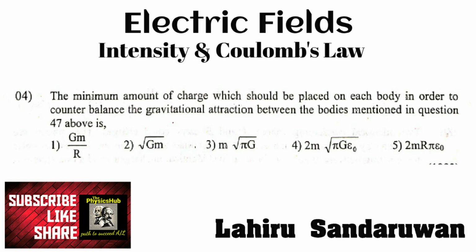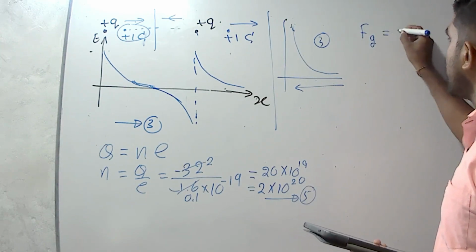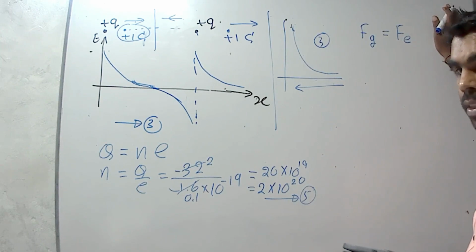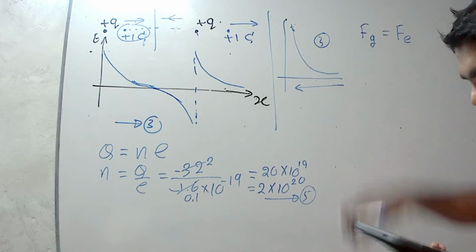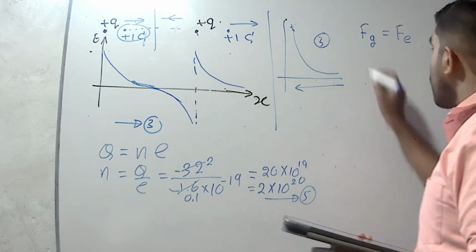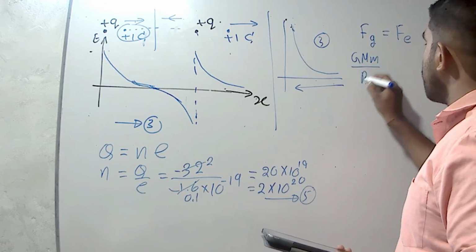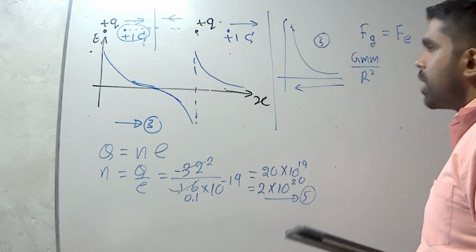It means the mass of the two objects is M, and the separation is R. We can consider that the gravitational force should be equal to the electric force in magnitude, but opposite in direction. Gravitational attraction is G M squared over R squared, since the masses are the same, so we use M for both.